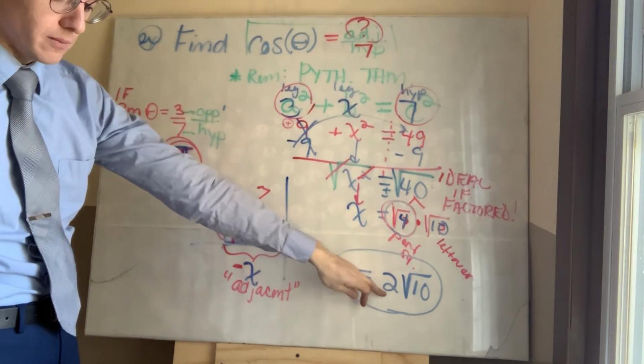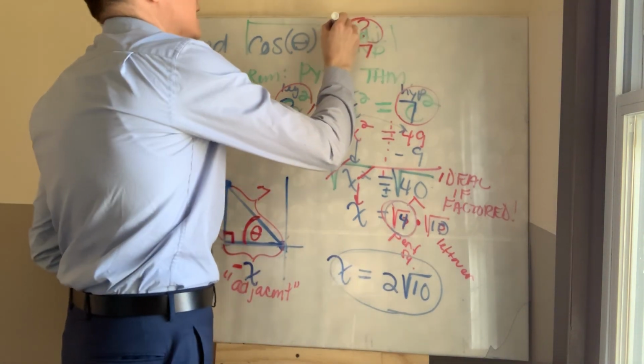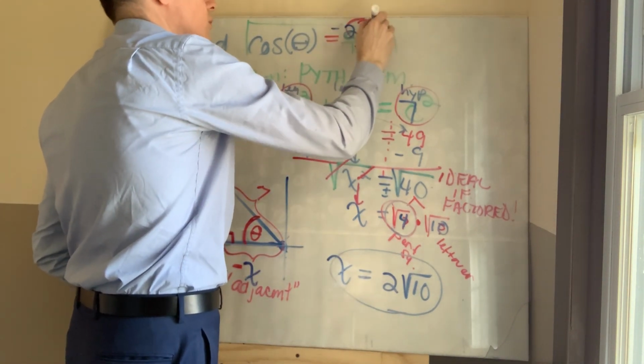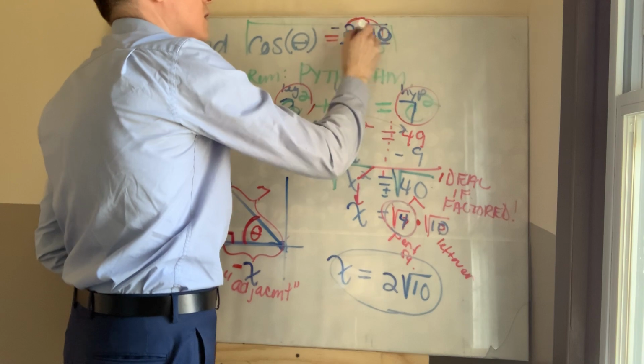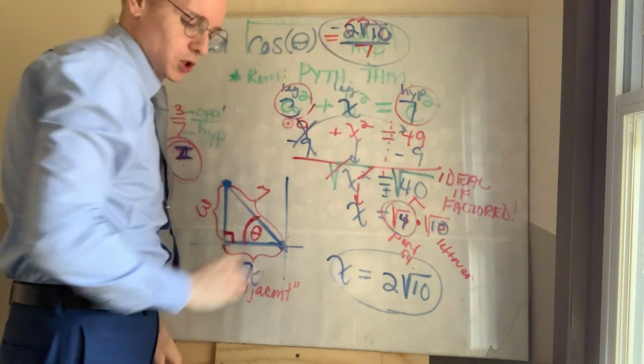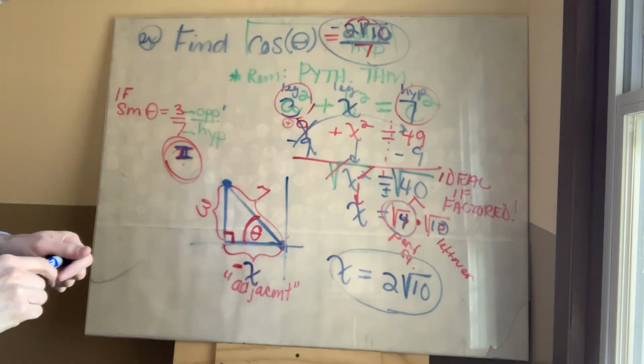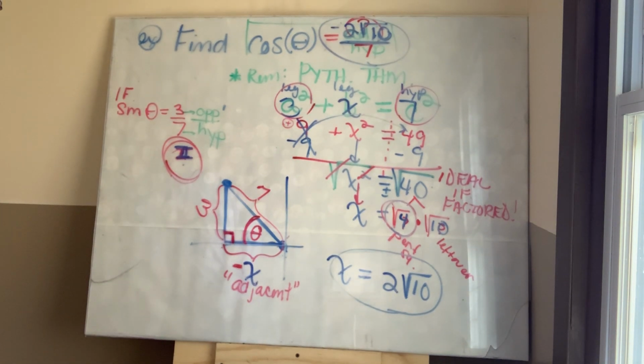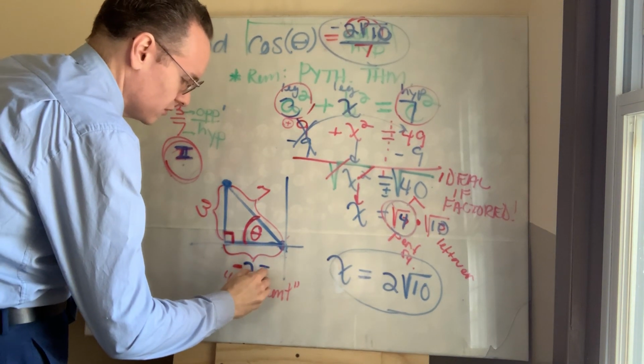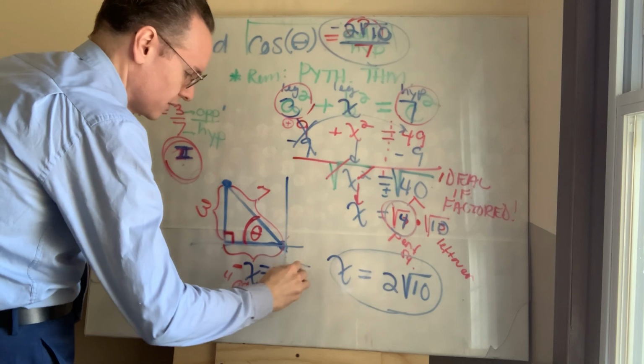Now we're going to put this number, negative 2 square root of 10. And that would be our solution. And in our drawing, if you like, you can put this here, negative 2 square root of 10.